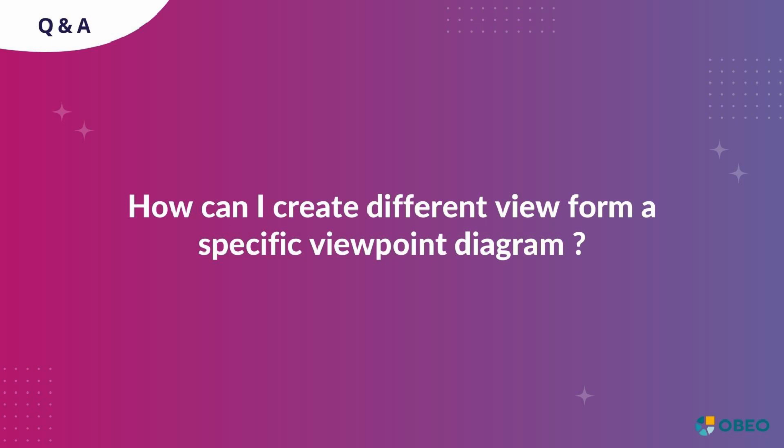The idea is really that there is no relation between the data and how you present it to the end user. It's you, the studio maker, who decides which kind of representation you will do for your end user and what it will look like. So yes, definitely you can create different views, different forms, if you want forms, different diagrams for different elements.